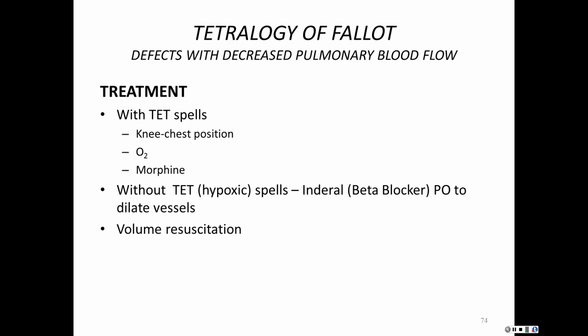And infants, of course, are very prone to overload, so a real good measurement of their intake and output is very, very important. If these children have a low blood pressure, you may see neosynephrine, phenylephrine, used to increase the blood pressure and increase the systemic vascular resistance on these children.